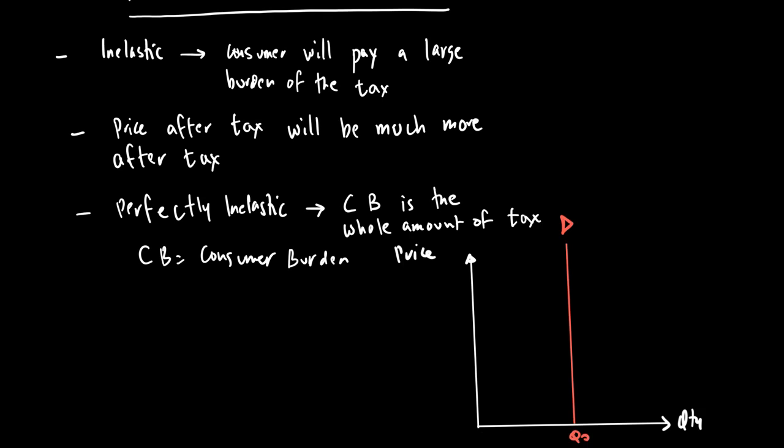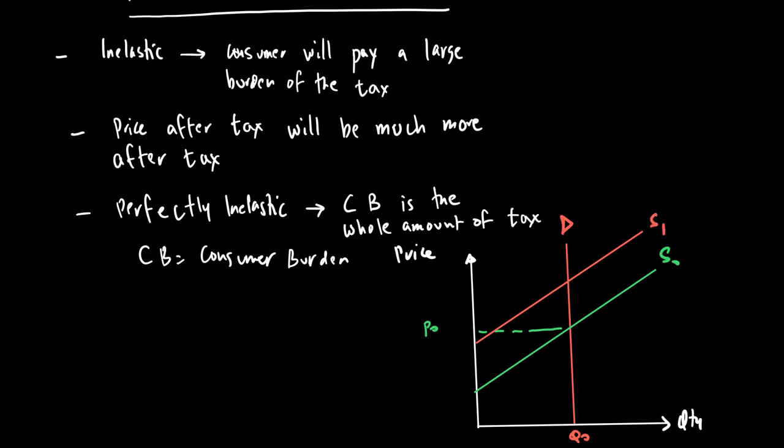Now, when you put a tax on this good, the supply curve, if previously it was, for example, S naught, and the price was, for example, P naught, after tax the supply curve will shift to the left or upward by the amount of the tax, and the vertical distance will be S1.